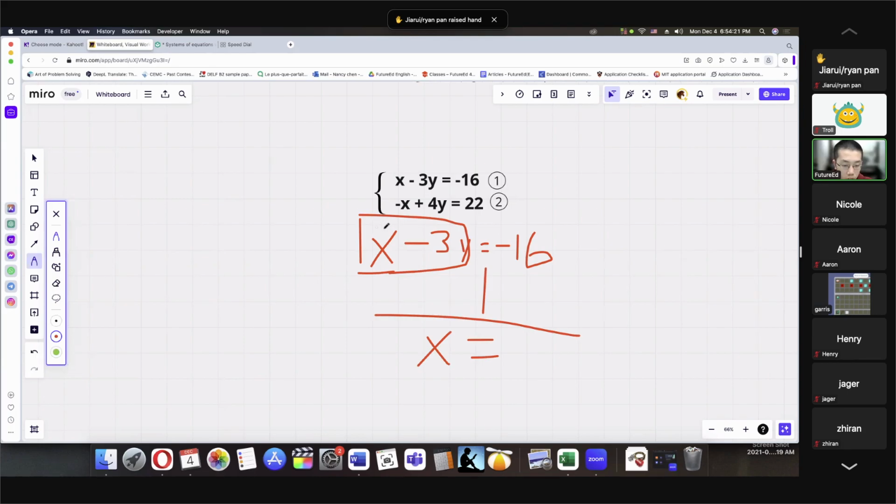So we notice there's an x over here and there's an x over here. What happened to the negative 3y in the second equation? It disappeared, exactly. So how do we make it disappear? How do we get rid of negative 3y?